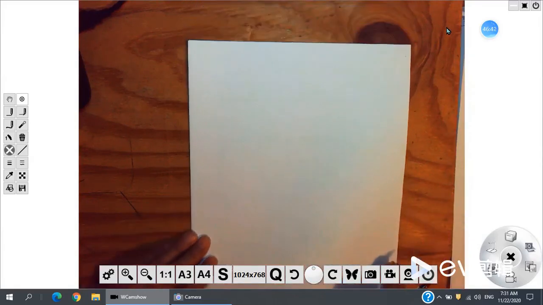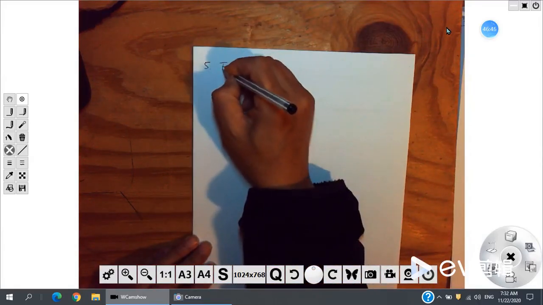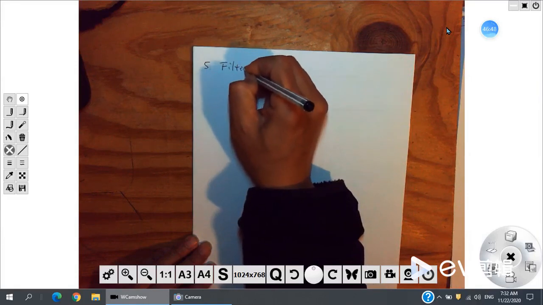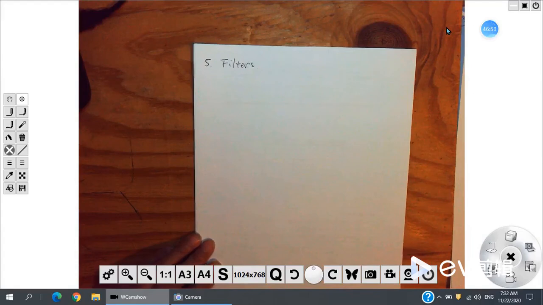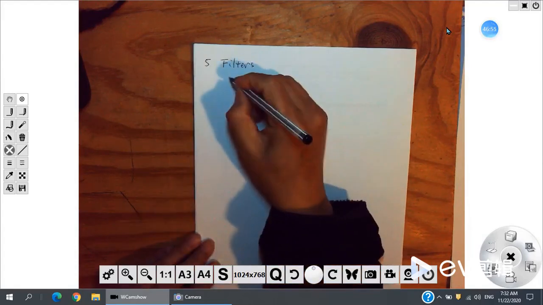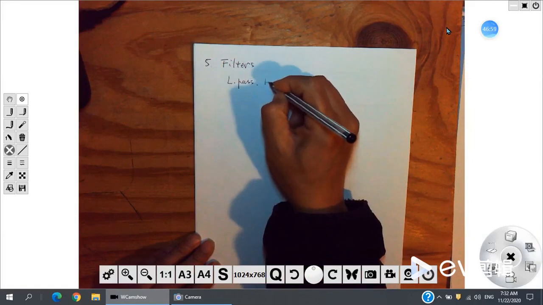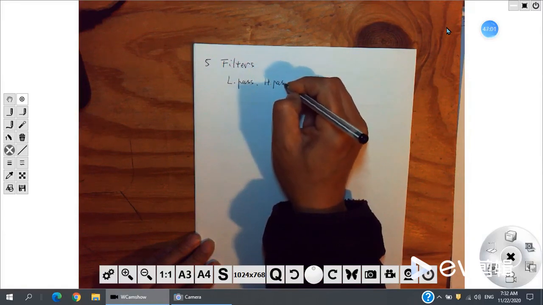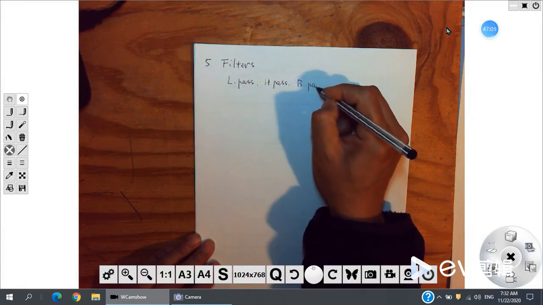Okay, then the filters. For filters, we have different kinds of filters, like low pass, like high pass, like band pass, right?